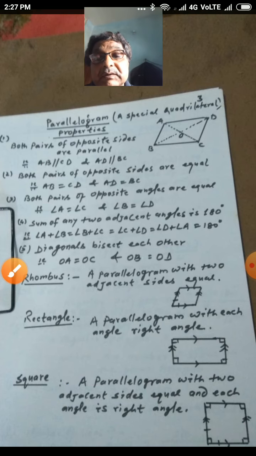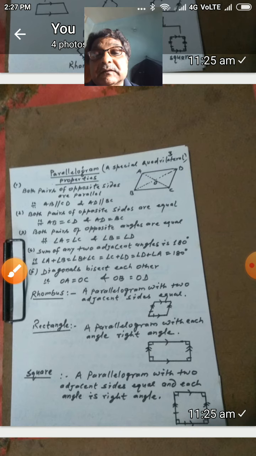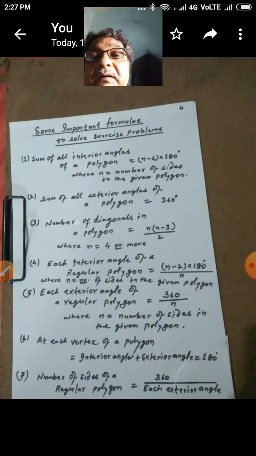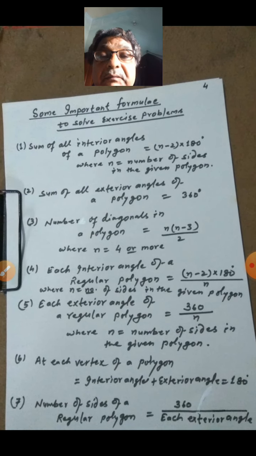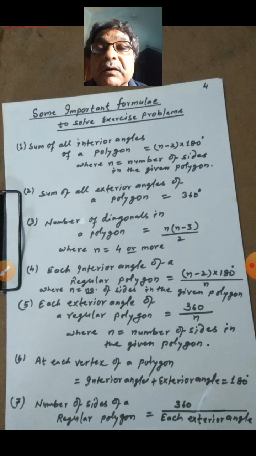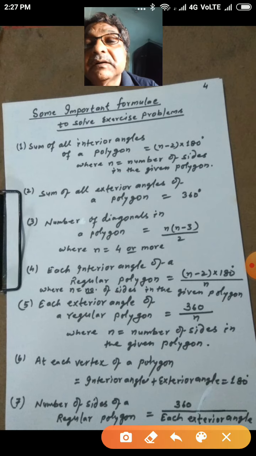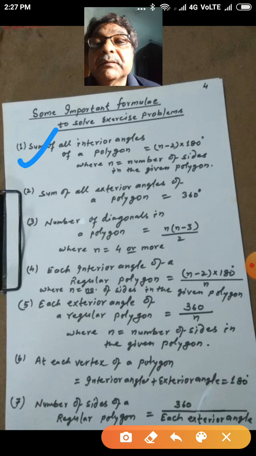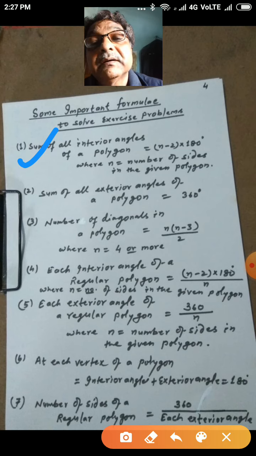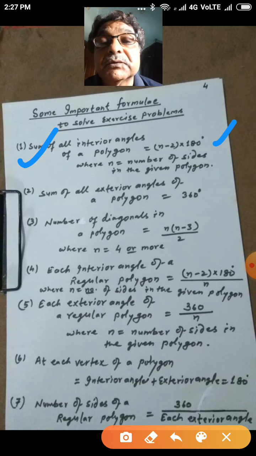Okay, now students, we will discuss some formulae related to our exercise problems, where questions are given to solve. Let us see them one by one. Suppose we have a polygon and we want to find the sum of all its interior angles. We can find it using the formula (n minus 2) into 180 degrees, where n is the number of sides in the given polygon.